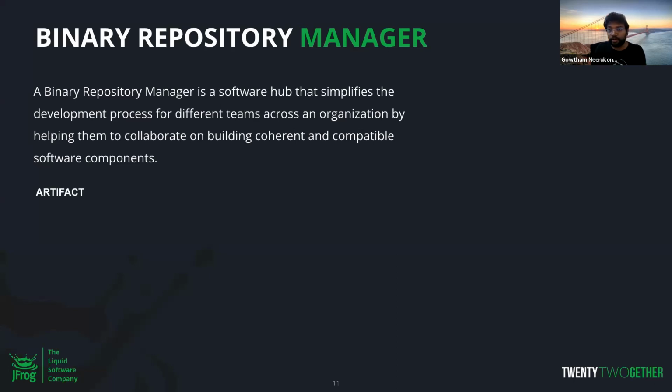Multiple types of packaging technologies might be employed. For example, NPM for Node.js, JavaScript for the web application front end, whereas Maven for the backend technology, as well as their mobile application might be built on iOS and Android platforms, so they might be using CocoaPods and Swift repositories for the same.